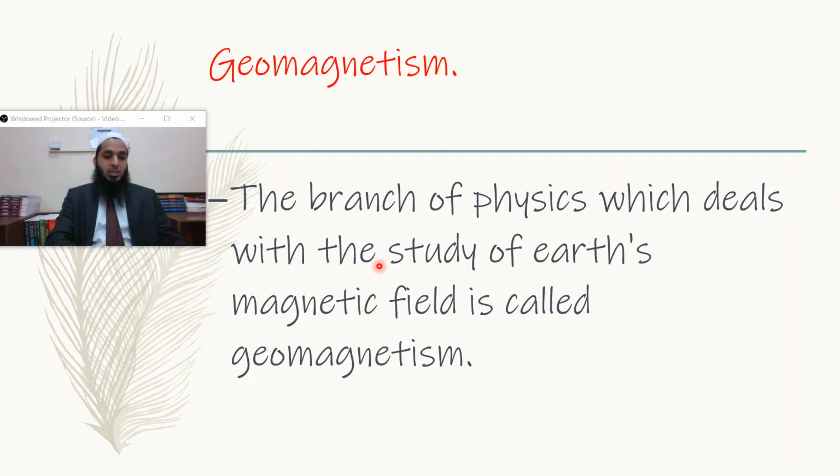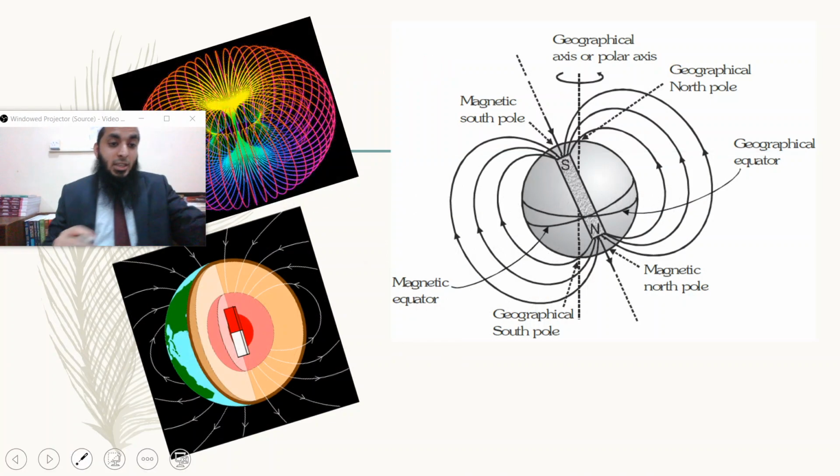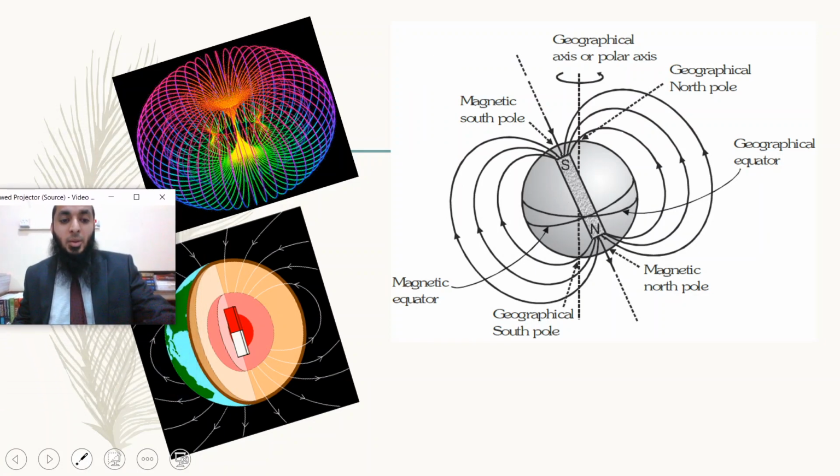The branch of physics which deals with the study of Earth's magnetic field is called geomagnetism, or there is another name for it. It is also called terrestrial magnetism. So this is the branch of physics which deals with this. Now let's see how the magnetic field is actually.